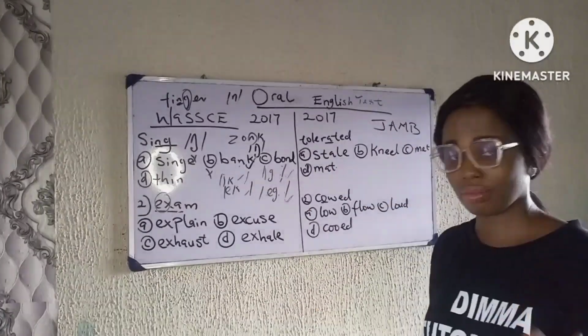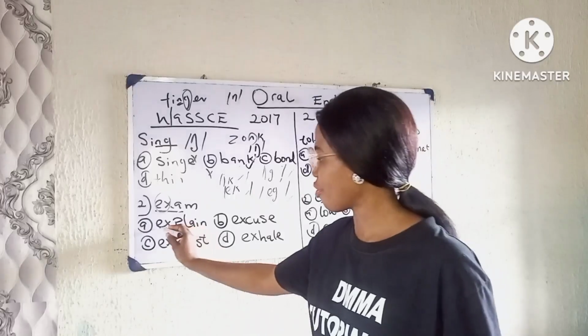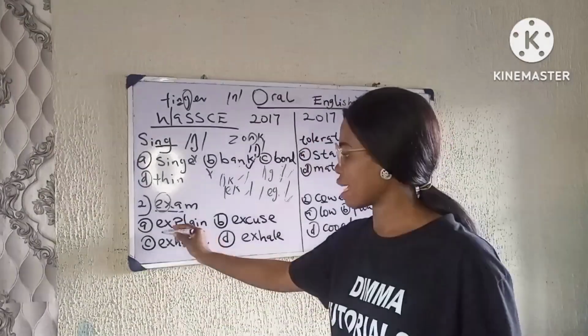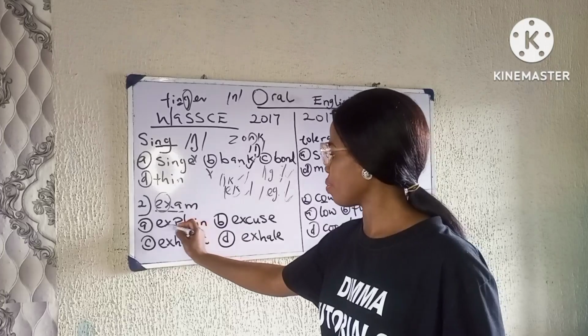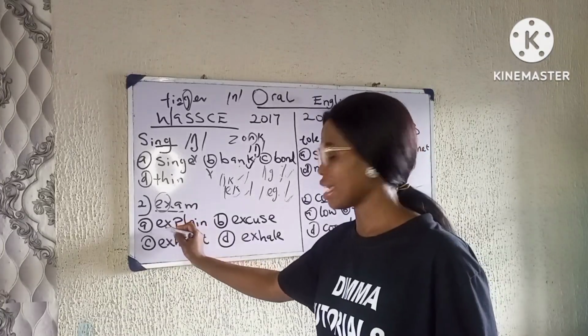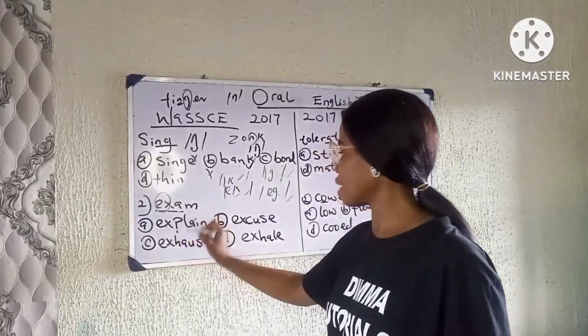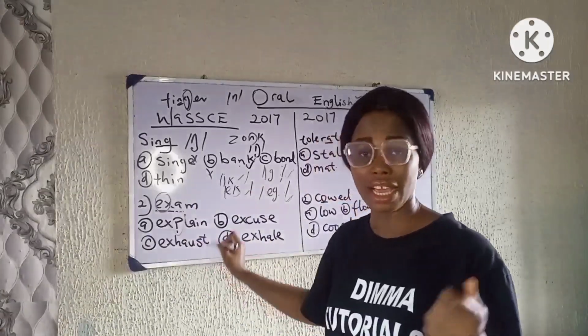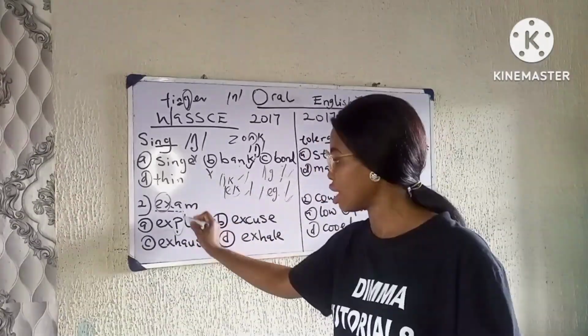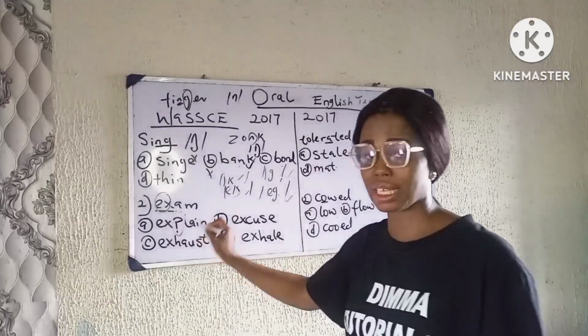Now let's look at the options. Now we have explain. Explain or explain. The e is pronounced ik or ek, because what we have here is a consonant sound. The sound of the letter p is a consonant sound.